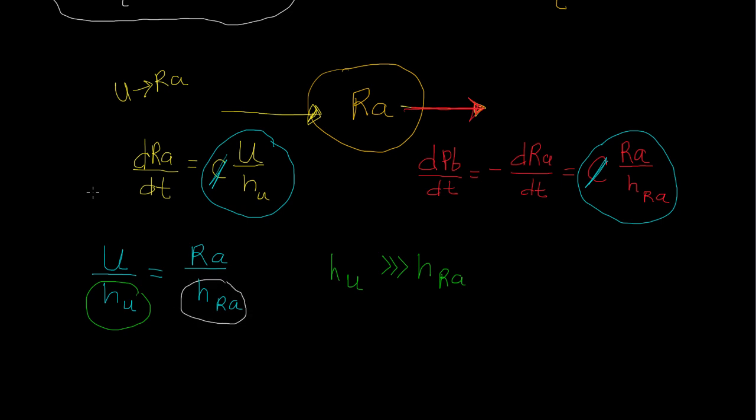Therefore, this number has to be similarly much larger than that number, right? If these two ratios are the same. And so as a result, we can conclude that the equilibrium concentration of uranium is by the same amount much, much, much larger than the equilibrium concentration of radium.